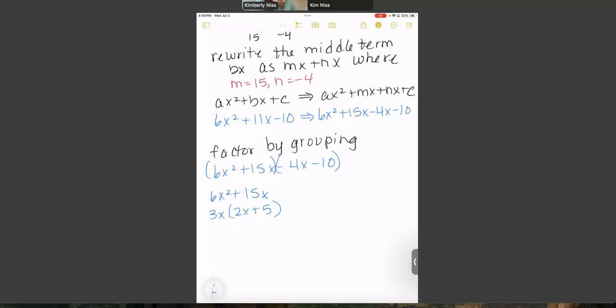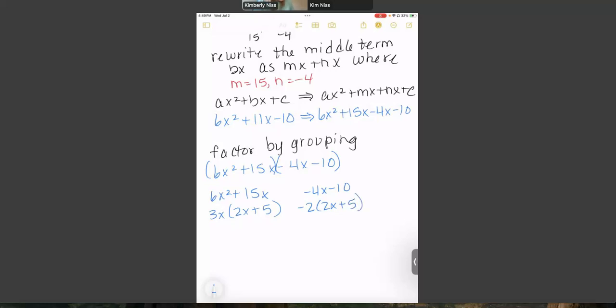Now let's focus on the negative 4x minus 10, our second group. In this case, we can see that they both have a negative in common, so we can pull out a negative, and they both have a factor of 2 in common, right? Because 4 is divisible by 2 and 10 is divisible by 2, so we're going to pull out a 2 in this case. And that leaves us with 2x, and since we pulled the negative out of the negative 10, this is going to turn positive, and that leaves us with 5 there.